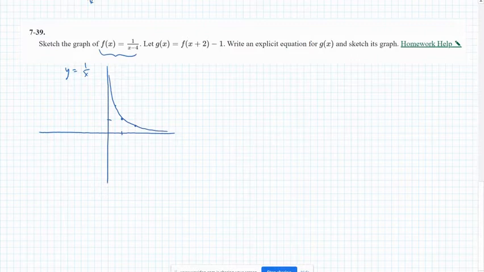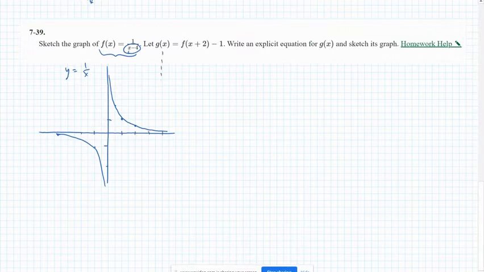So this is the graph of y equals 1 over x. So when we graph f, that's the same graph, just shifted to the right 4 units. So 1, 2, 3, 4.